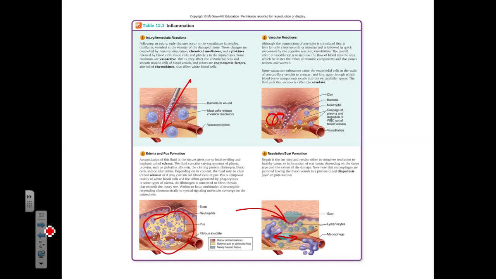To initiate the inflammatory response, we have mast cells that release cytokines that initiate the inflammatory response and attract our phagocytes to the site of infection. The first phagocyte to the site of infection will be our neutrophil, and then we'll have macrophages and/or lymphocytes as the final phagocytes at the site of infection.